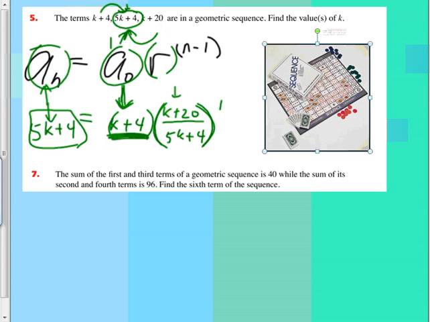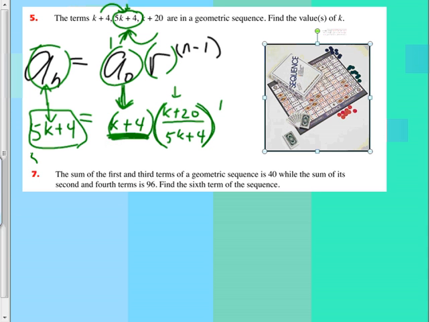So, okay. So 5k plus 4 is equal to k plus 4 times 5k plus 4, and it's all to the first power. And now, we can do a little canceling, and eventually we got to find k, right? All right, is there anything that I can just multiply everything by and it makes it all better? It will help.